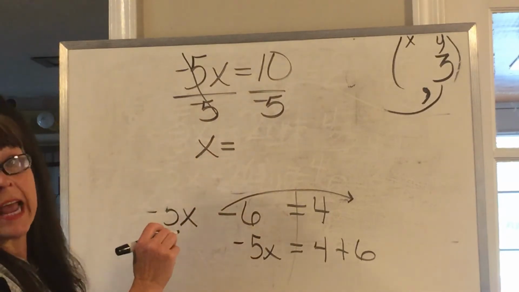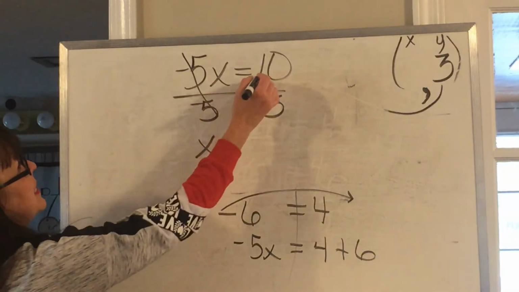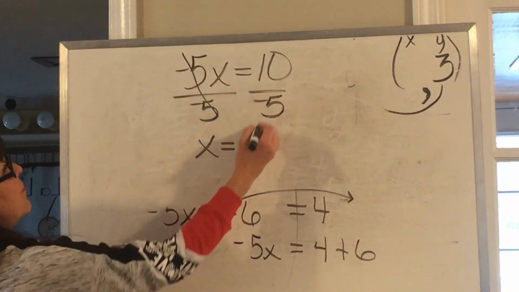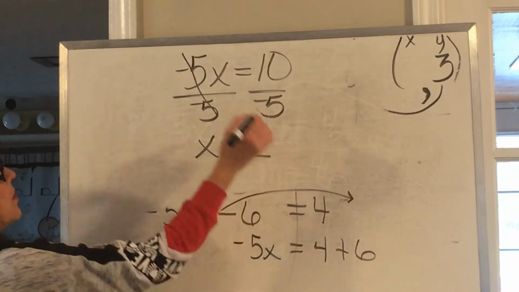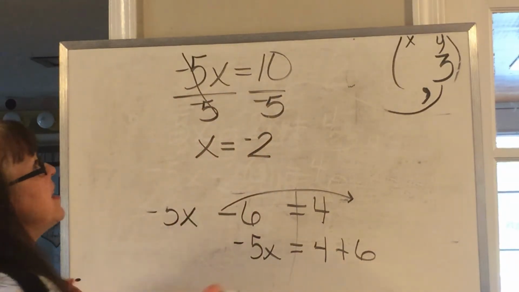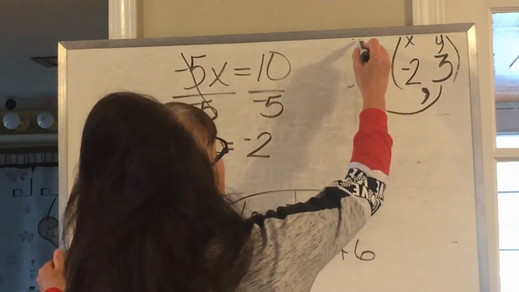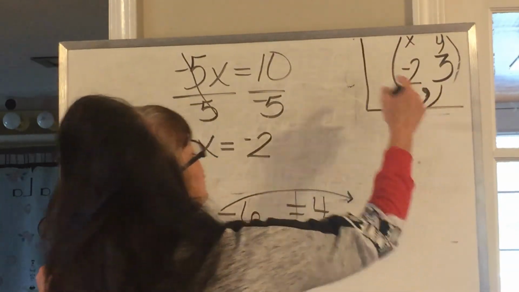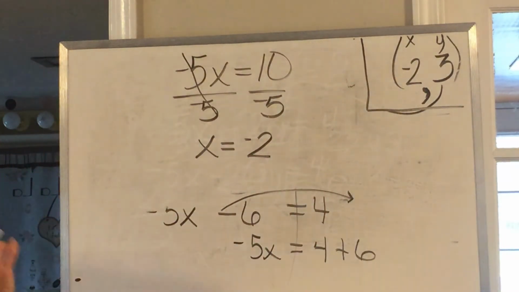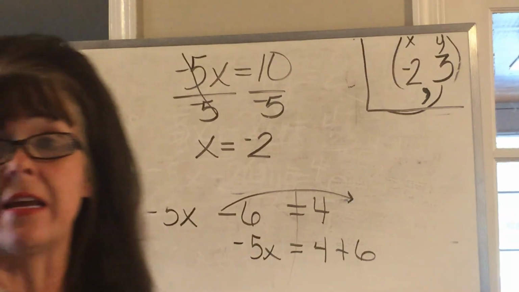Why? Because they look the same. And then 10 divided by negative 5 is negative 2. I would finish this out by doing this. This right here is my grand finale answer. Negative 2, 3 in parentheses.